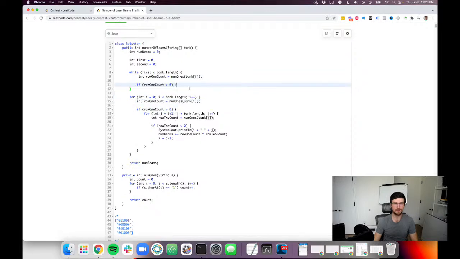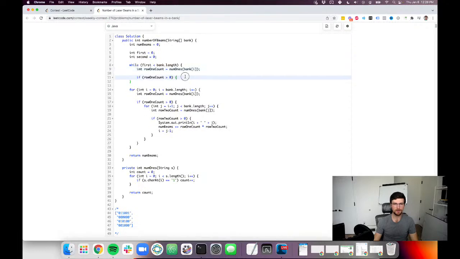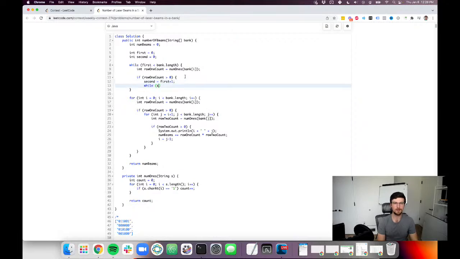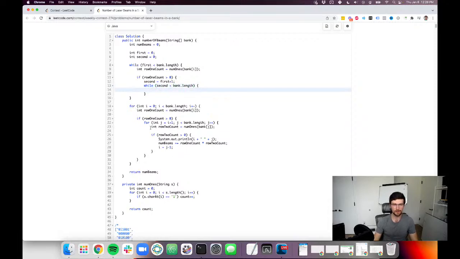So I'm going to say here row 1 count, and then inside this I'll do while. I'll say basically second equals first plus 1, and while second is less than bank.length. And then we're going to do this whole thing.